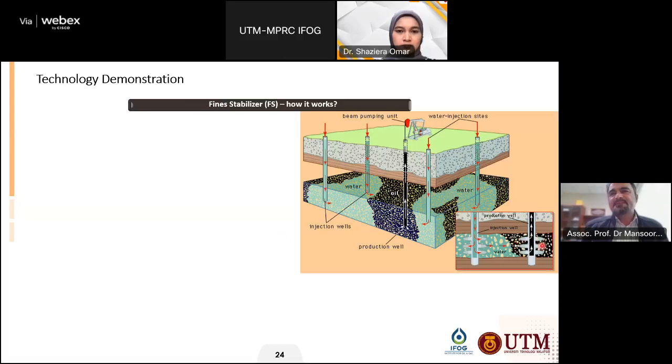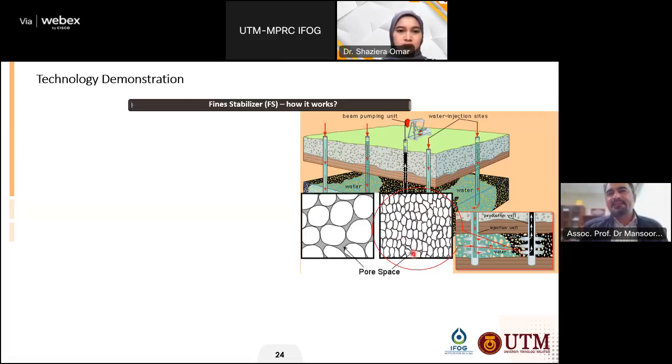Just consider a subsurface strata, and from this subsurface, we just take a small sample of the pores, and all of you know that this is the porosity, and then the pore space in the subsurface. Normally the fines originate from these rocks and then migrate through these pores and reach our well.